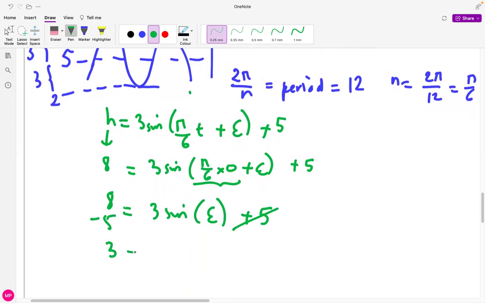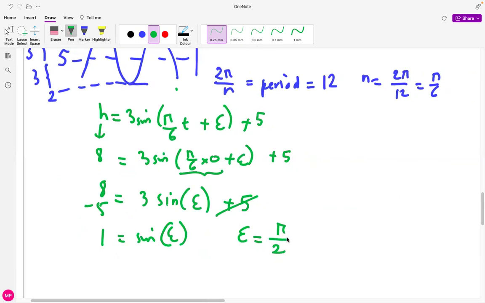That becomes 3 equal 3 sin of epsilon, and then divided by 3, so 3 divided by 3 equal 1. So you can write this as 1 equals sin of epsilon. So the angle that has sin of something equal 1, there's many possible answers for this, but you can pick the smallest positive one, which is pi over 2, 90 degrees.